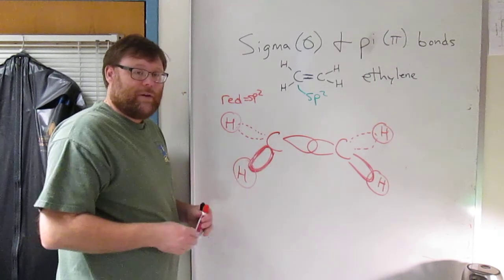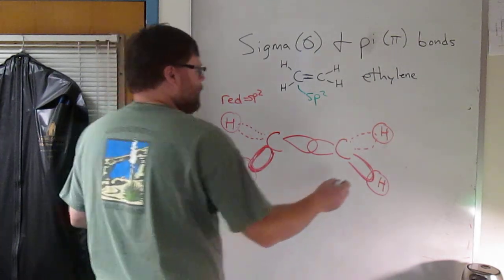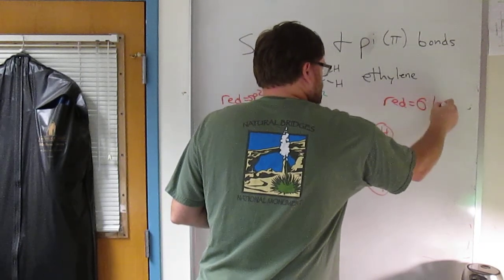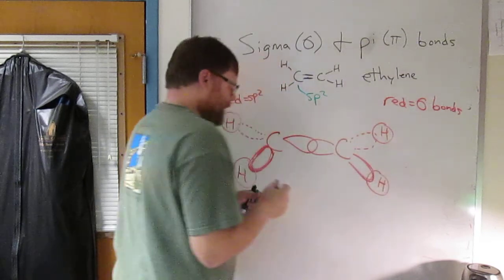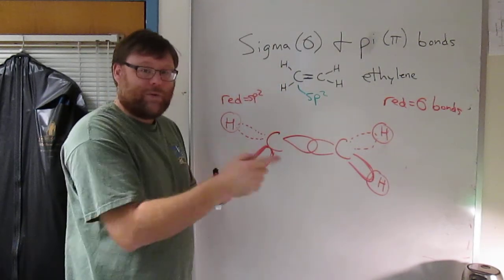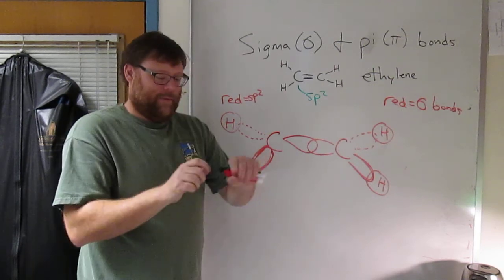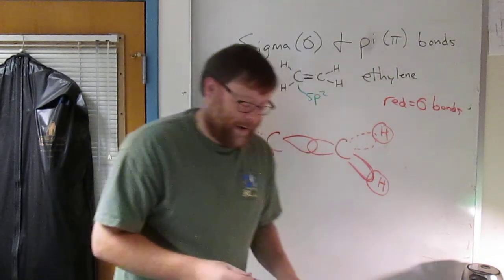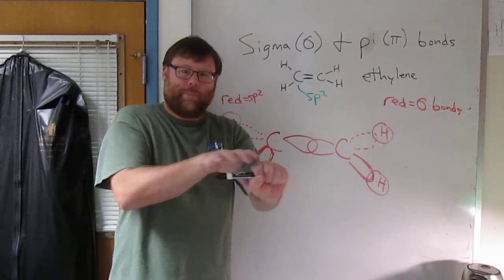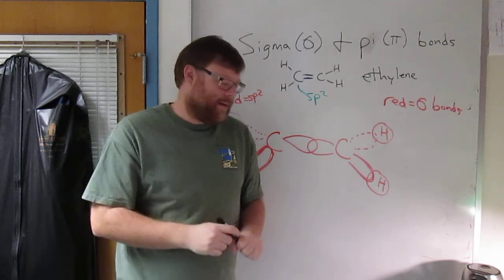All the bonds shown here in red are sigma. And the definition of a sigma bond is simply a bond that exists directly between two atoms. So if my two hands were the carbon atoms, the pen is the sigma bond. The bond is completely directly between the two atoms.